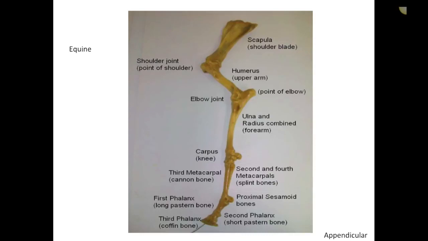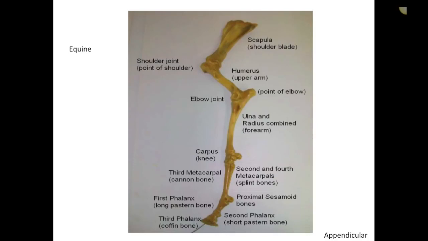Okay, so here's an example of an equine front limb. So we've got the scapula, the humerus, the point of the elbow, which is also called the olecranon, and then the ulna and radius are combined. There's a carpus, which in a horse is referred to as the knee, and then we have the third metacarpal, which is also called the cannon bone, and then the second and fourth metacarpals, which are called the splint bones, and those 3 are essentially fused together with a fibrous joint.